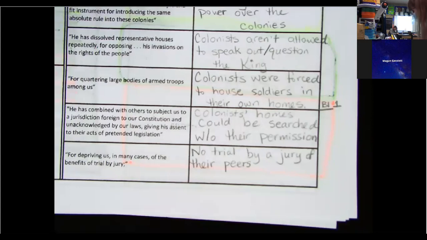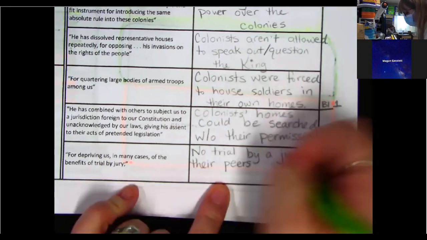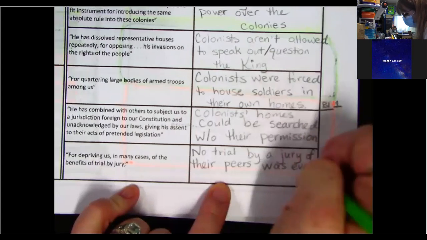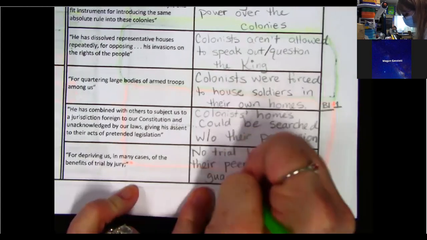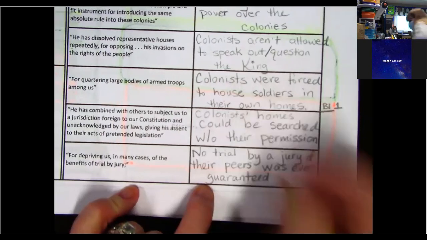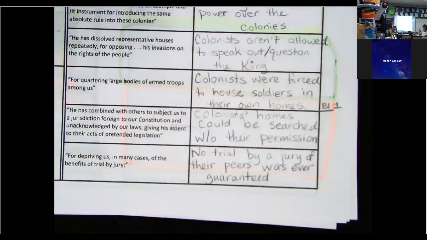So no trial by jury of their peers was ever guaranteed. On my piece of paper it said was never guaranteed. I was like, what?